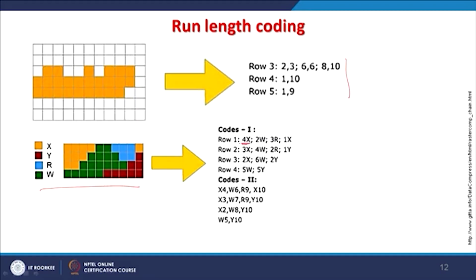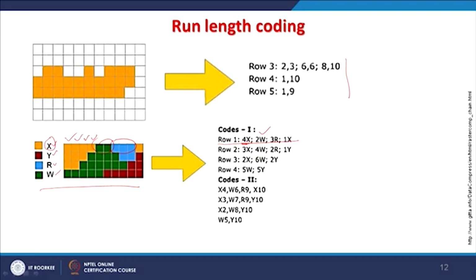The X, Y, R, W are the different categories in this map, and that information will also be stored. So if I take row 1, then 4X. First 4 cells are there and they will be assigned this category, which is yellow color, then 2W, then 2W like this, then 3R means 3 blue cells, and so on and so forth.